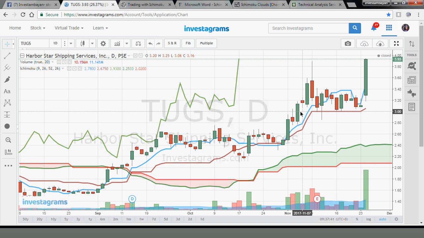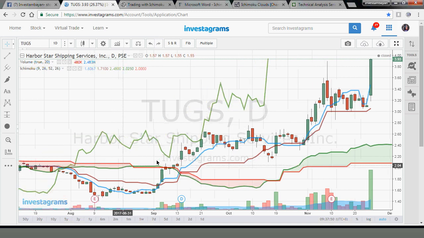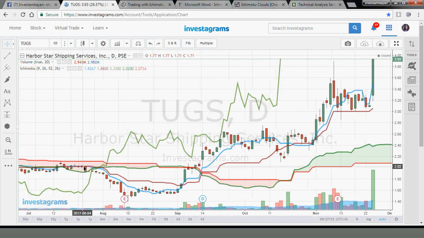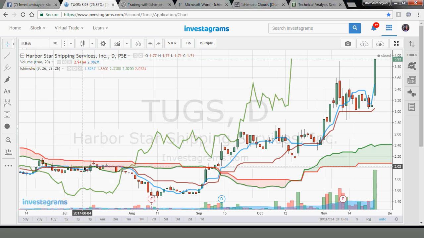Ano ba tong breakout? Breakout, in a nutshell, sa Tagalog, parang na-break siya, may nabasag siya na pumipigil sa kanya. So for this one, nakikita natin si Togs, nag-bearish to for longer time.